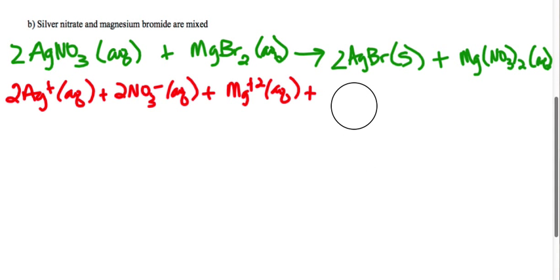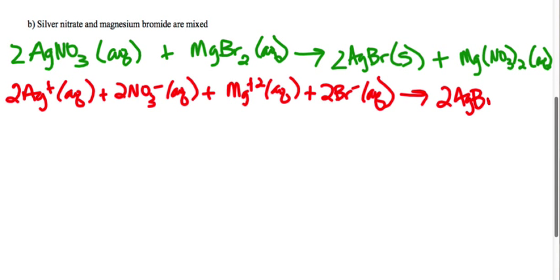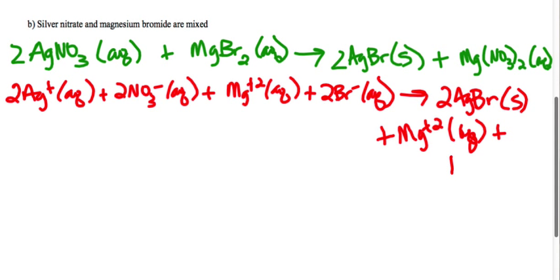So you need to realize that this splits up into 1 Mg and 2 Br minuses. Gives us, we leave the AgBr alone, sorry, plus Mg 2 plus aqueous, that's a great AQ, plus 2 nitrate ions. So there's our total ionic equation.